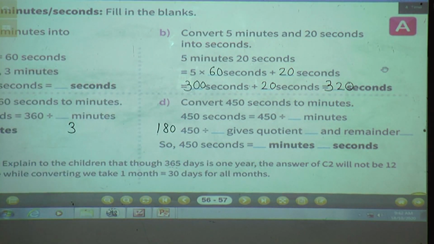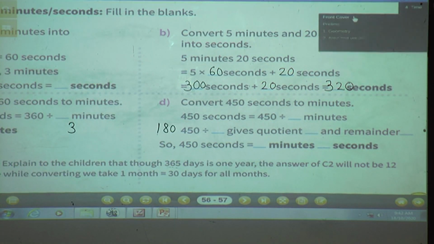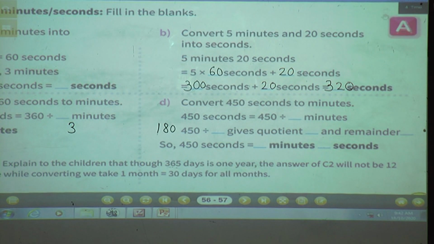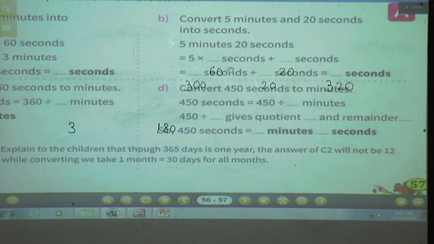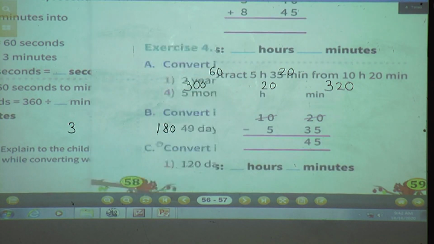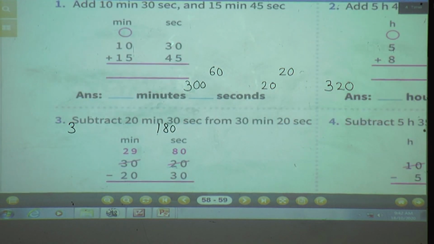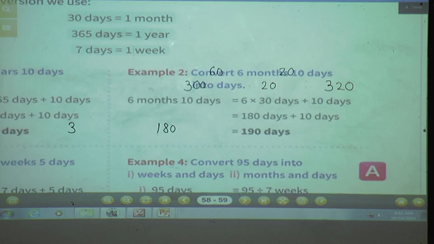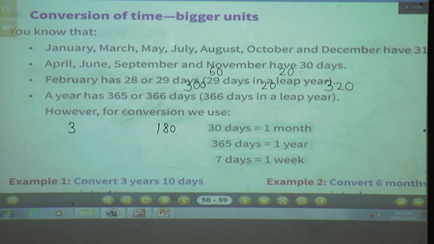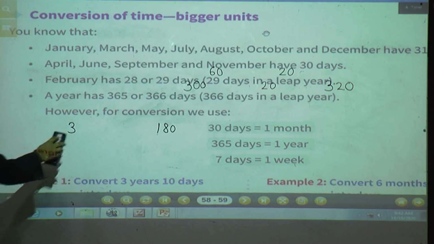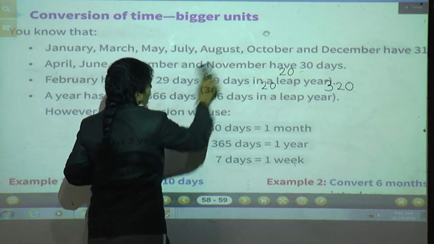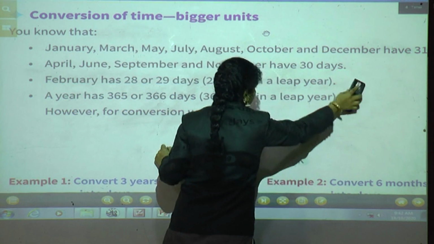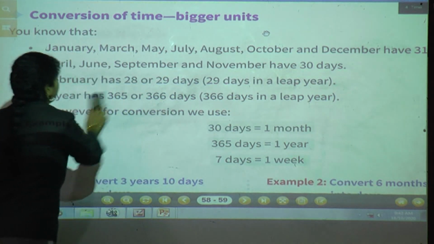Okay. Here students, in this way we are going to solve our next exercise. Before that, see page number 58. Here they have given us some information about conversion of time into bigger units. Open the page, read it carefully students.